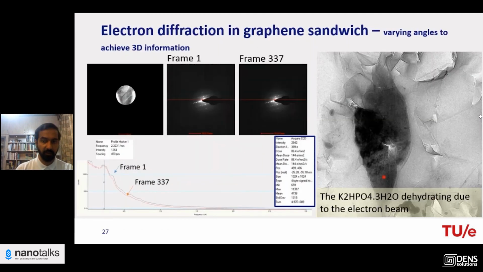The other thing you can do with graphene is actually to do live electron diffraction experiments. For example, in this experiment, we're looking at a potassium phosphate salt dehydrating due to the electron beam, and you can see what is happening in the electron diffraction signal.